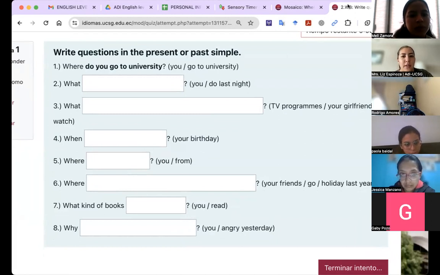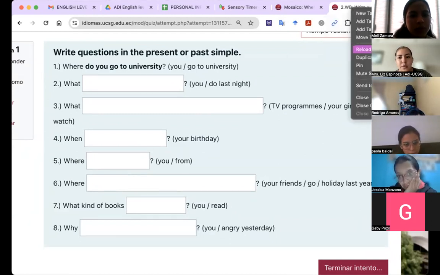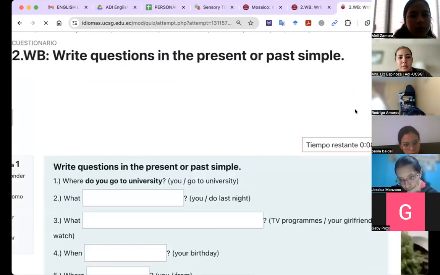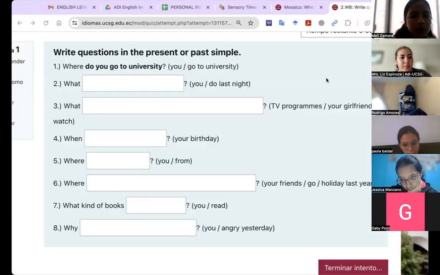If we have in number 2, okay, we have what, and then the options are you do last night. If it says the expression last night, is it in present or in past? It says last night. In past.